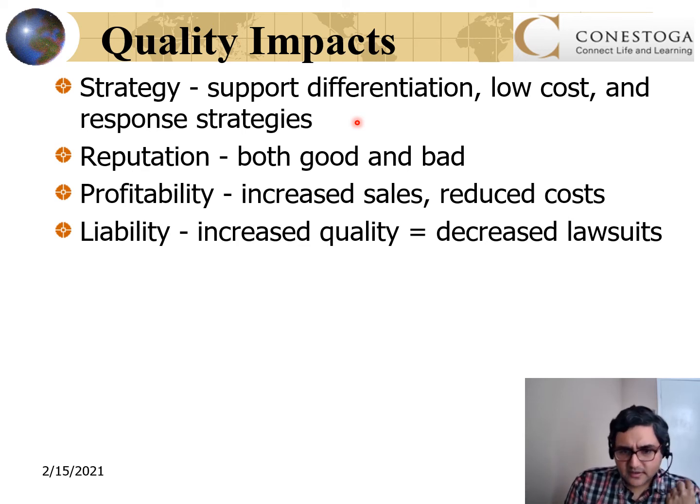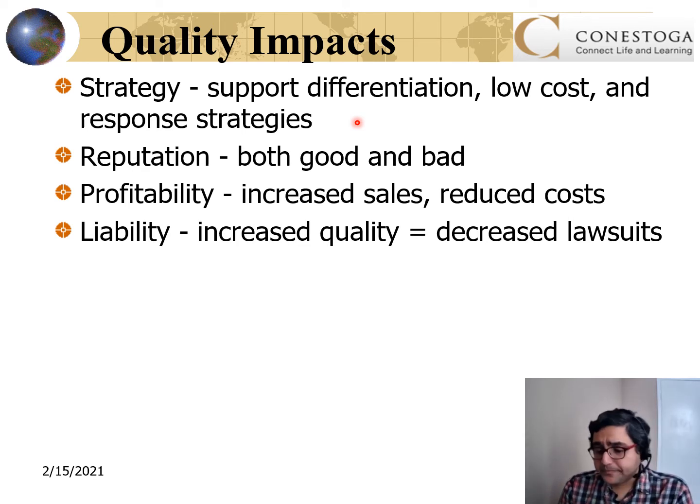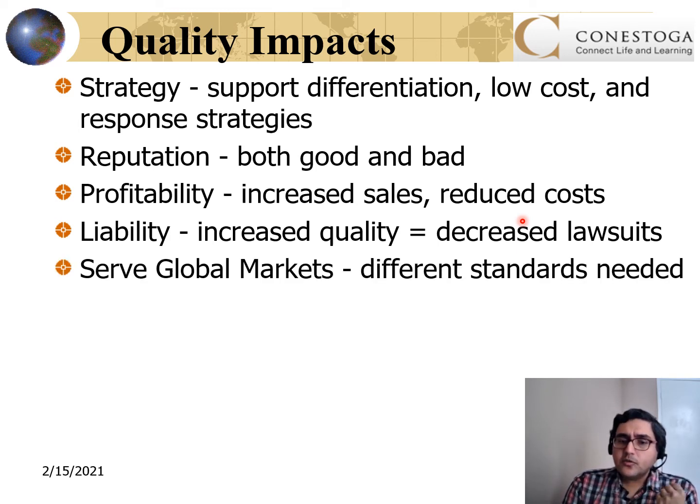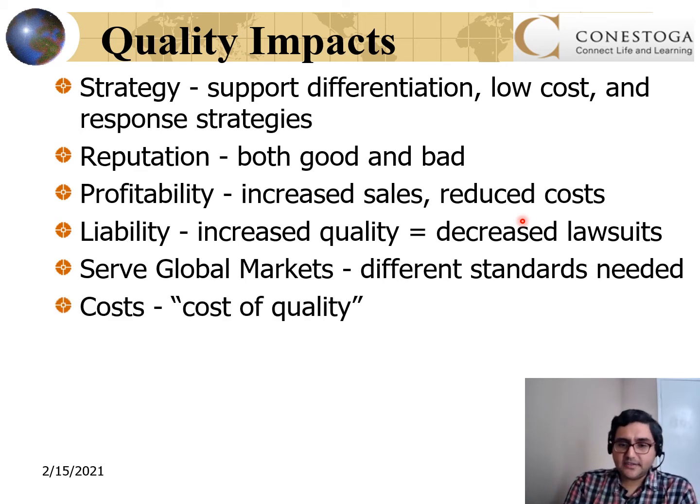When you try to increase the quality of it, it's always possible to increase the selling price of the item, because people might assume that the item you are selling is of better quality than your competitors'. So it can result in increased sales. At the same time, when you use the right methods, which is what we learn here, it is possible to reduce the cost involved in manufacturing. The different global markets which you will be catering to will have different standards.